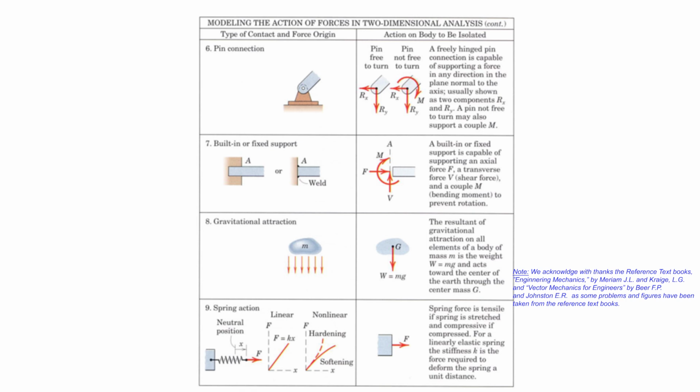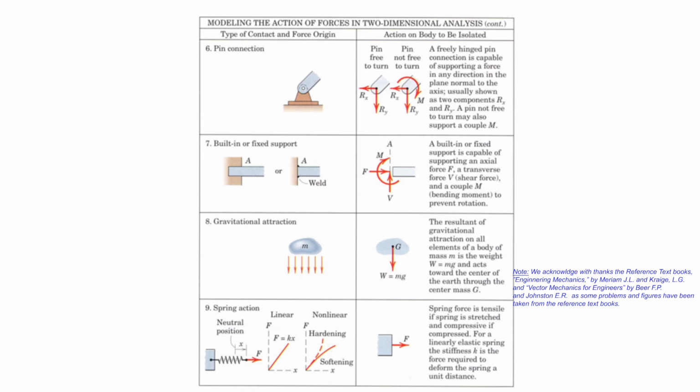This M is shown only because if there is friction, then there is a tangential force which, when transferred to the center, will become a moment. So the moment M will be there only if there is friction. If there is no friction, there is no moment.